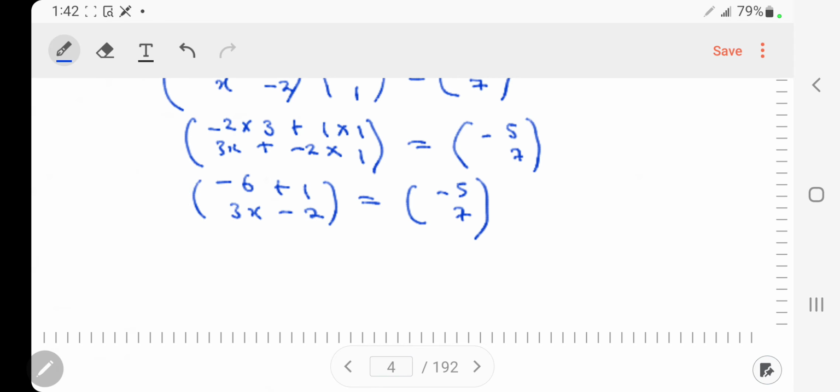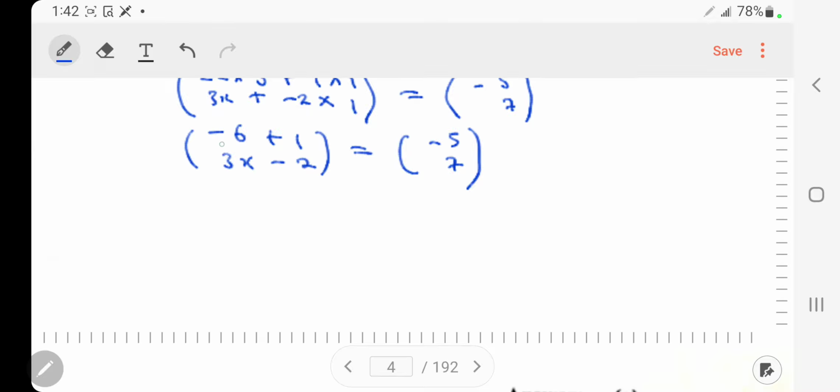Now, where you have been provided with complete numbers, they just want you to know that you're doing the correct thing. So this is how we identify. On top, when you add negative 6 plus 1, you are going to have negative 5, and at the bottom you have 3x minus 2. This should be equal to negative 5 and 7.